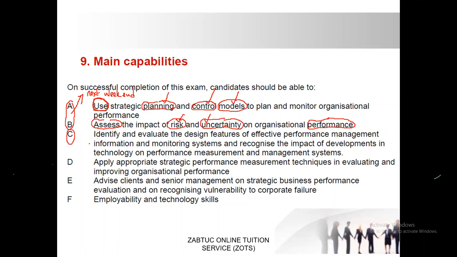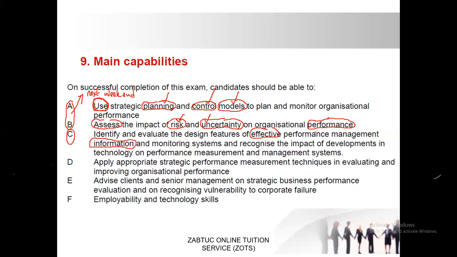So then, area C of the syllabus says, identify and evaluate the design features of an effective performance management information and monitoring system. So how does an effective performance management information system look like? What are some of the features? Not only that, and recognize the impact of developments in technology on performance measurement and management systems.